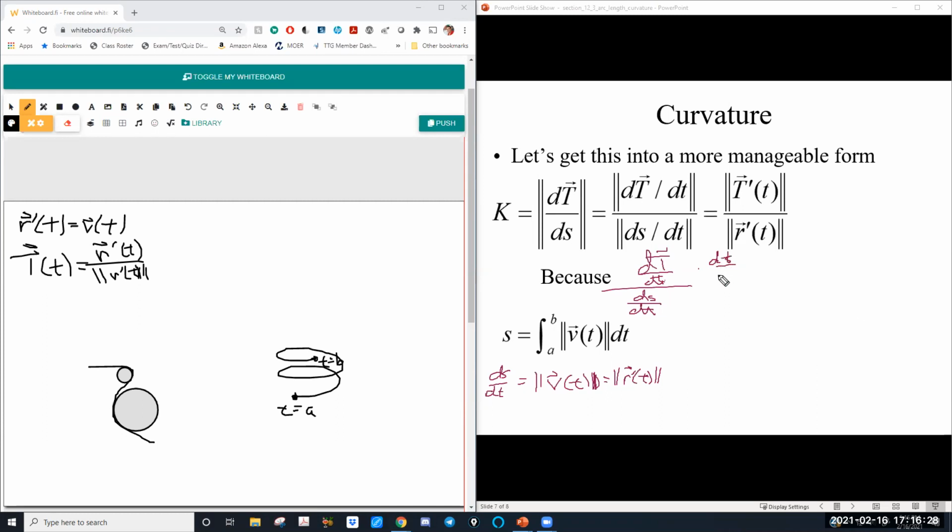So dt over ds, those would cancel, and there's our dT/dt. Got it. So that's kind of an informal proof of why these two things are equal, but it's the chain rule that allows us to do that.